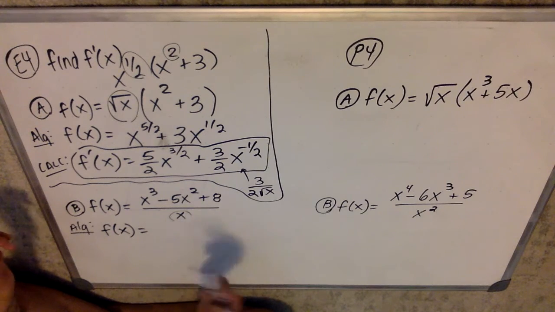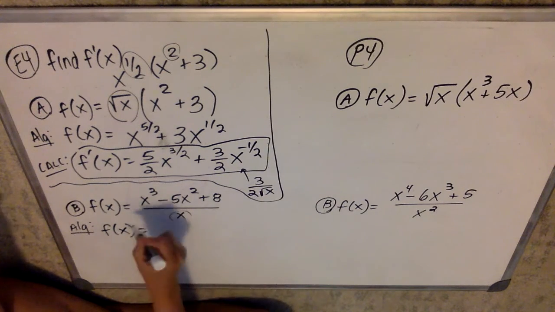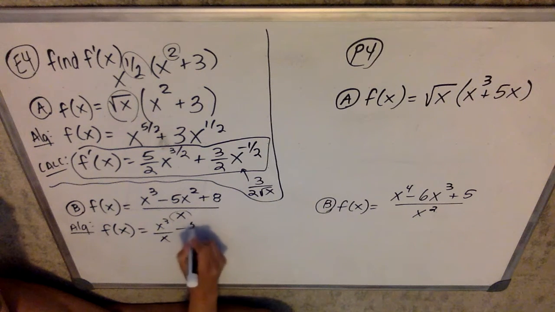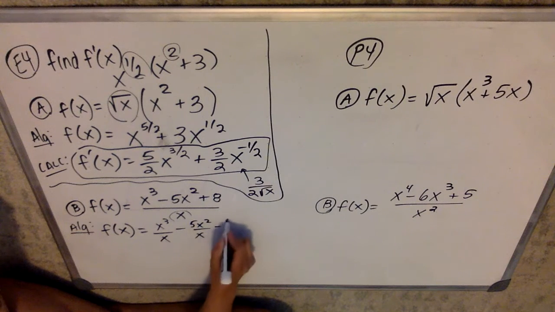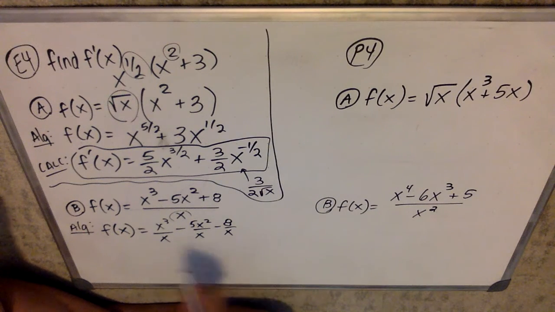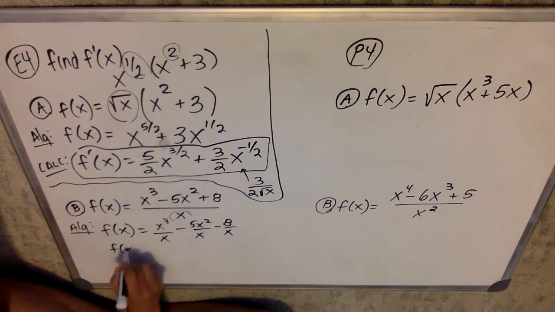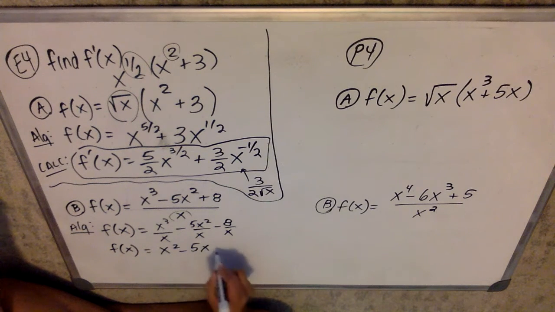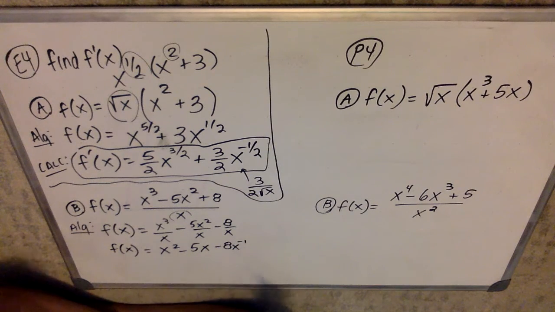Either, because this is a monomial, I can split each one of these terms up into that term divided by my divisor. So x cubed over x minus 5x squared over x minus an 8 over x, right? Which means that my f of x, again, I haven't done any calc yet, would be an x squared minus a 5x minus an 8x to the negative first, and now I could differentiate, right?